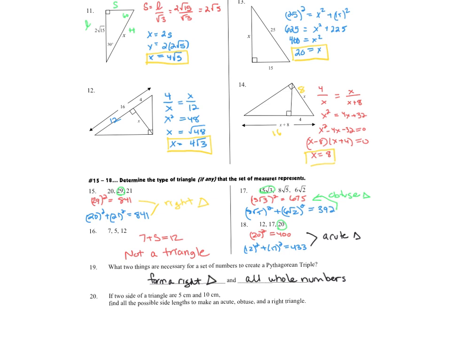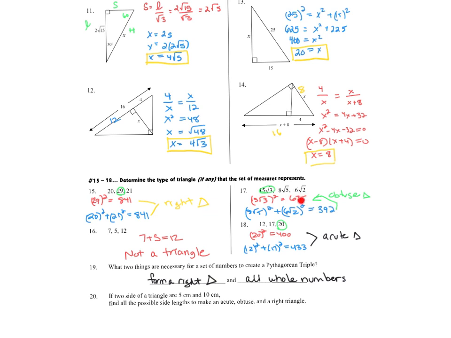So in the remaining 3 problems, you'll see that in green, I circled the longer side, and we look at the square of it and compare it to the sum of the squares of the other 2 sides. And if they are the same, this is indeed a triangle, and it is a right triangle.